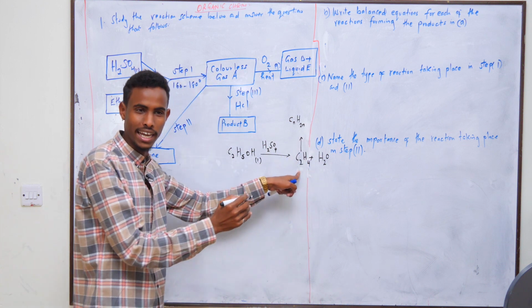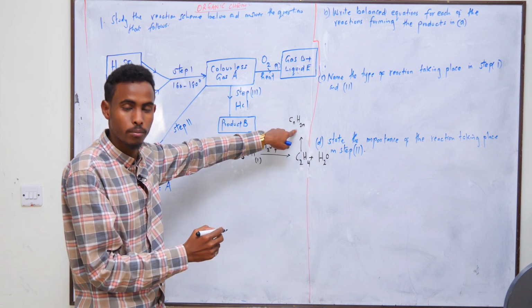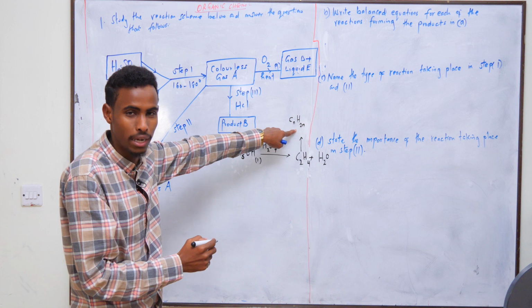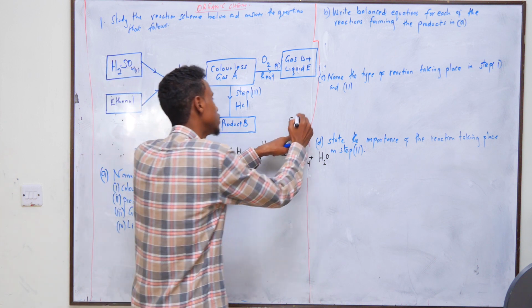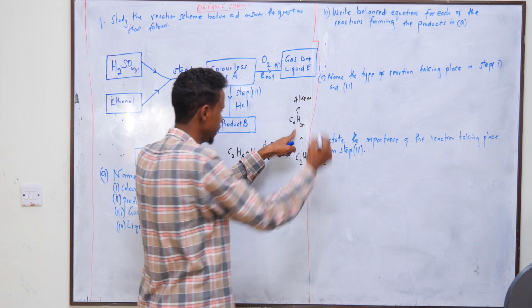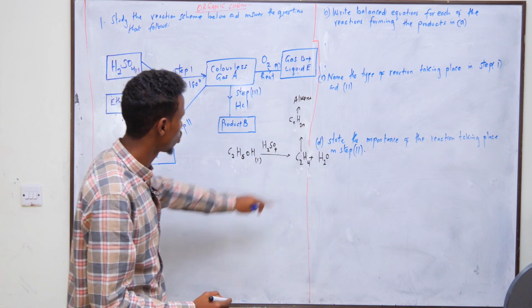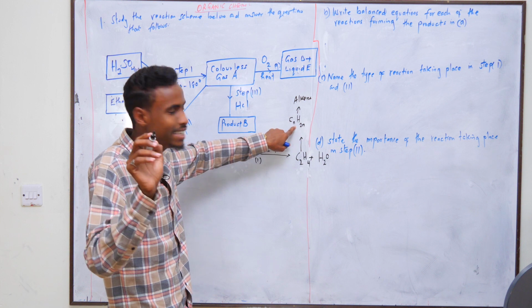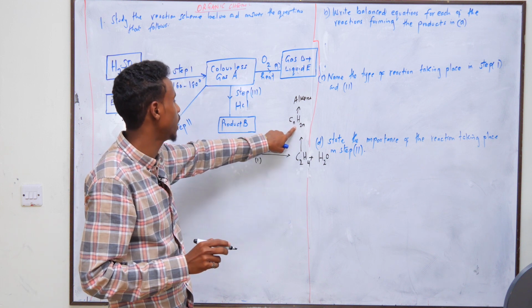CnH2n. Automatically, the hydrocarbon with the general formula CnH2n is known as the alkene group of hydrocarbons, because all alkenes conform to the general formula CnH2n.